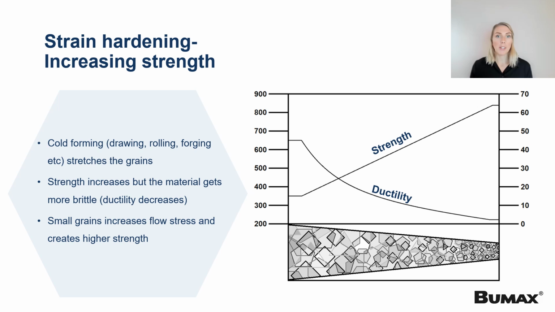This is where Bumax manufacturing expertise and material knowledge is used to maximize both strength and ductility and achieve that optimal balance. Unlike bar machining, the fibers are not cut. As a result, cold forged parts benefit from optimal fatigue life, allowing them to be used in the most critical applications.